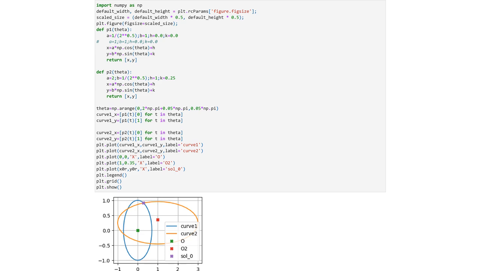We applied this technique to various examples, including algebraic and transcendental equations, and even visualized the solution in the context of intersecting ellipses by parameterizing their equations. This ability to numerically find solutions and then visualize them is a powerful combination for understanding and solving complex problems in many scientific and engineering fields.